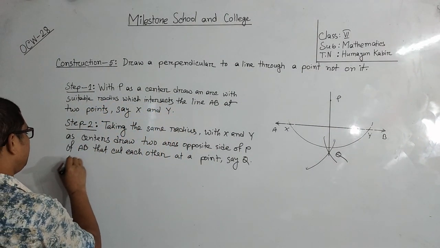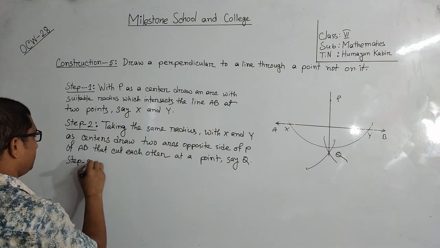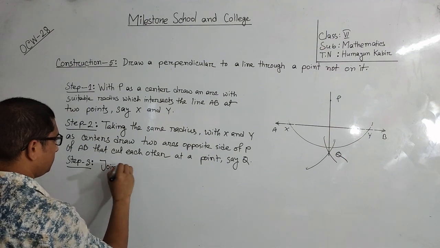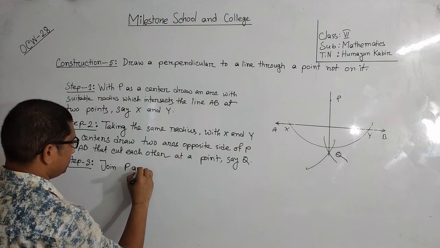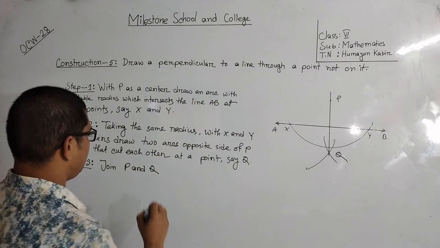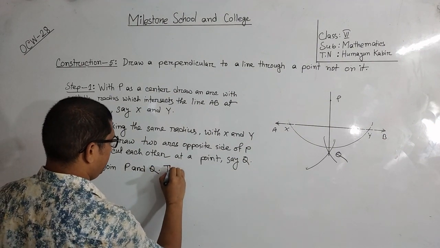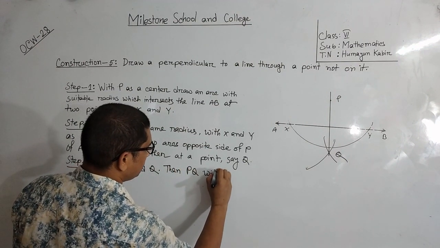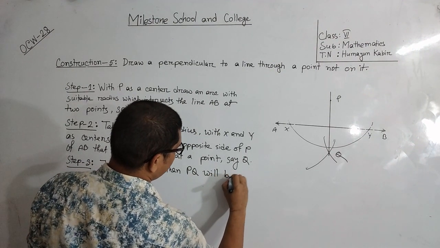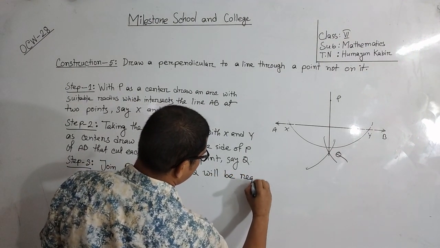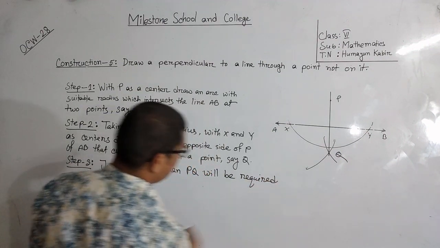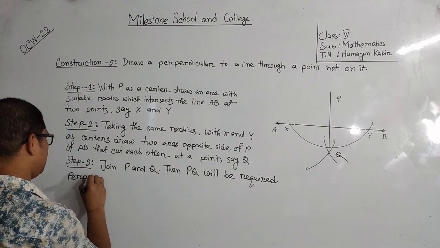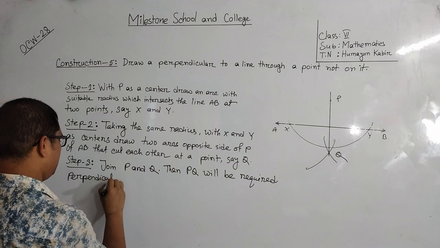So step 3, join P and Q. Then PQ will be the required perpendicular.